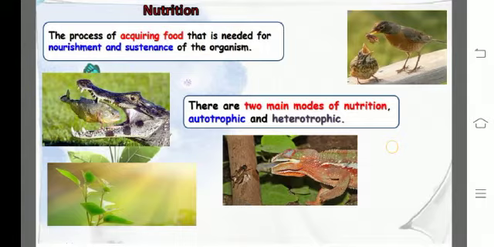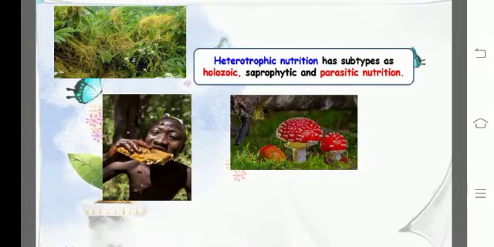There are two main modes of nutrition. One is autotrophic and another one is heterotrophic. Heterotrophic nutrition has subtypes: holozoic, saprophytic and parasitic.